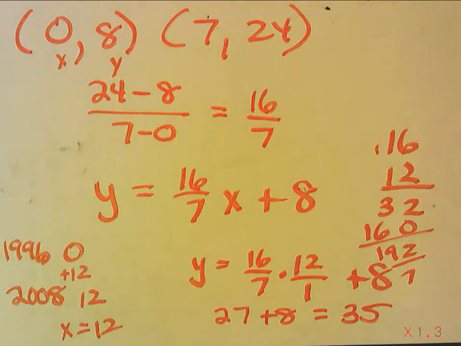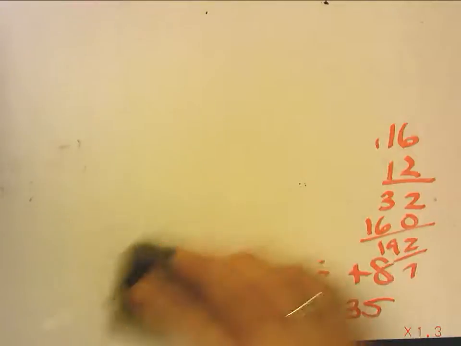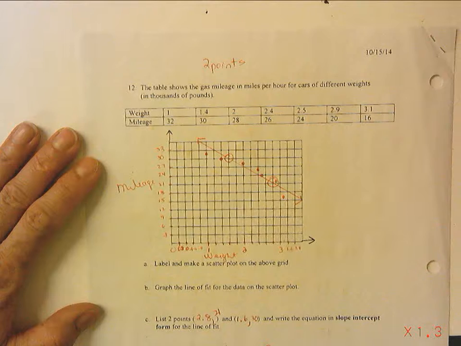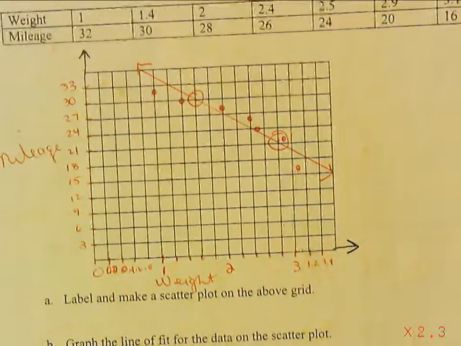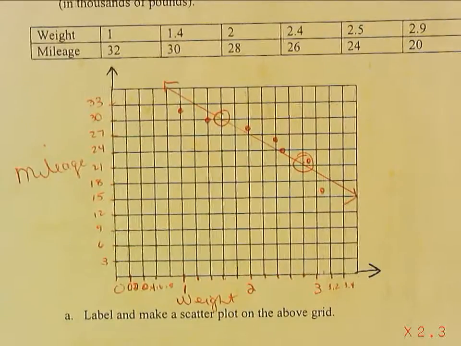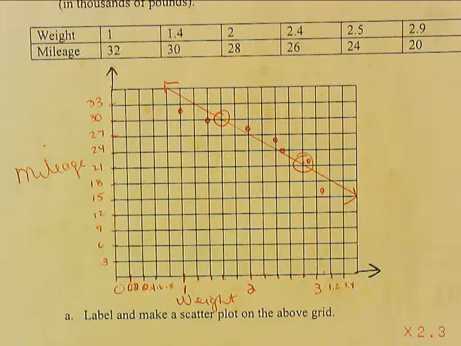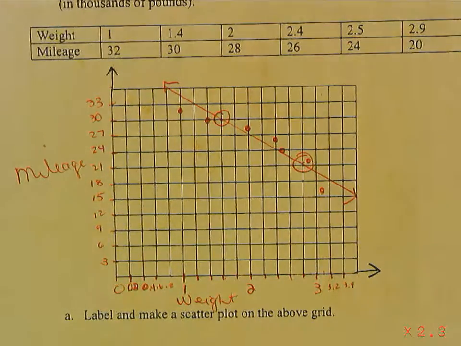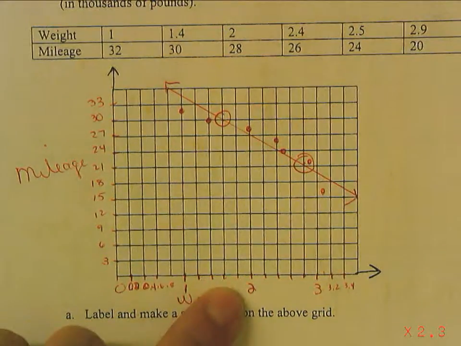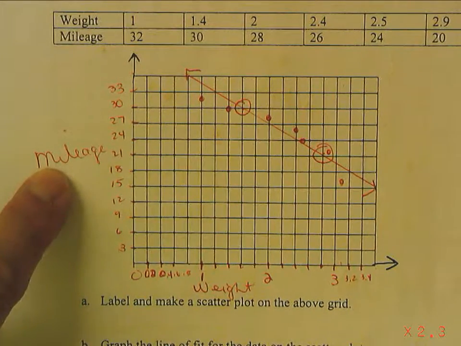Okay? Now the next one gives us data, and for this one, you had to realize that weight was X and mileage was Y. You had to label this weight and this mileage.